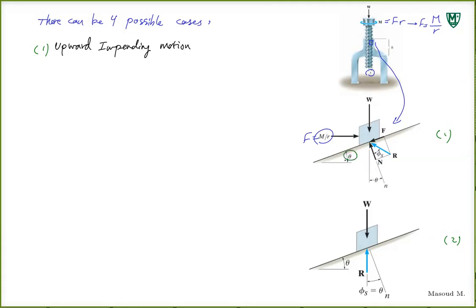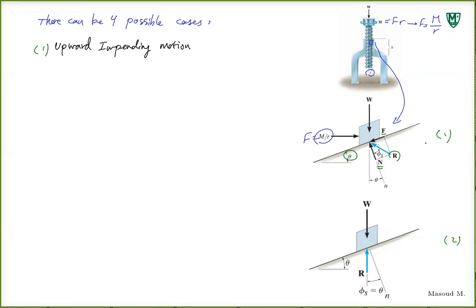Now we have theta from before. We introduced theta and said it's the lead angle, and R is pretty much representing just the resultant vector for F and N, friction and normal force. We saw this vector R and the angle phi s, which is basically the angle of static friction, when we were talking about the theory of friction all the way back at the beginning. All right.